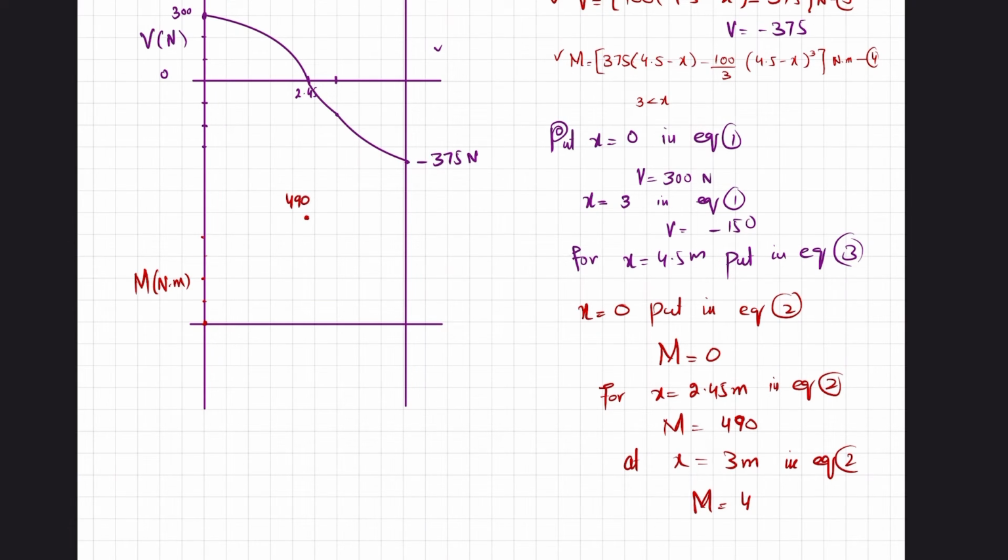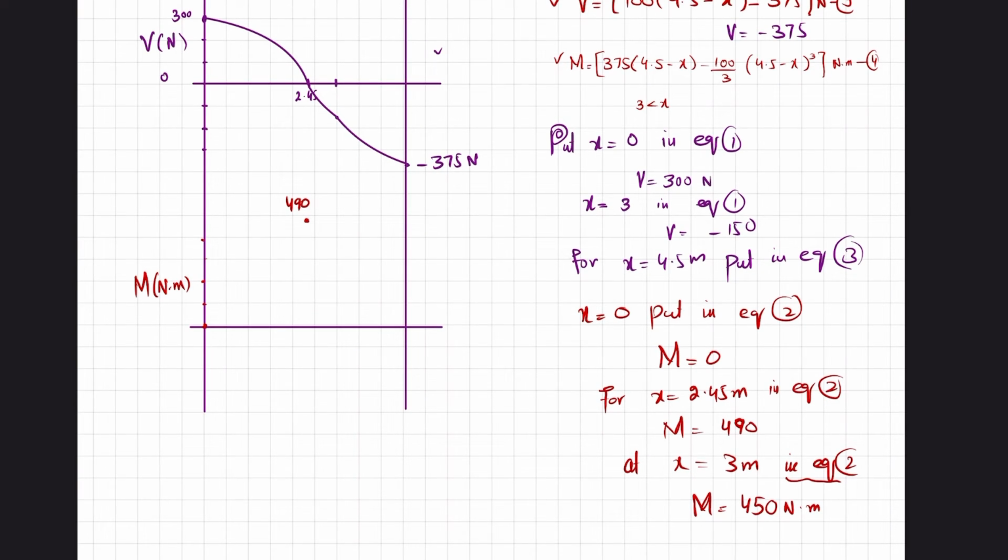And when you put x is equal to 3 meter in equation number 2, definitely you will get moment is 450 Newton into meter. So at a length of 4, this is 1 2 3, 100 2 3 4, so 450 will be here at the mid. This is 440.